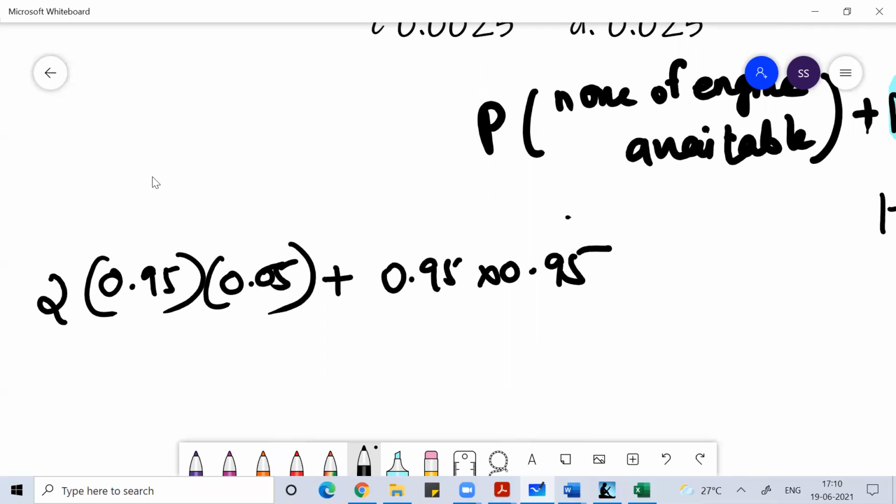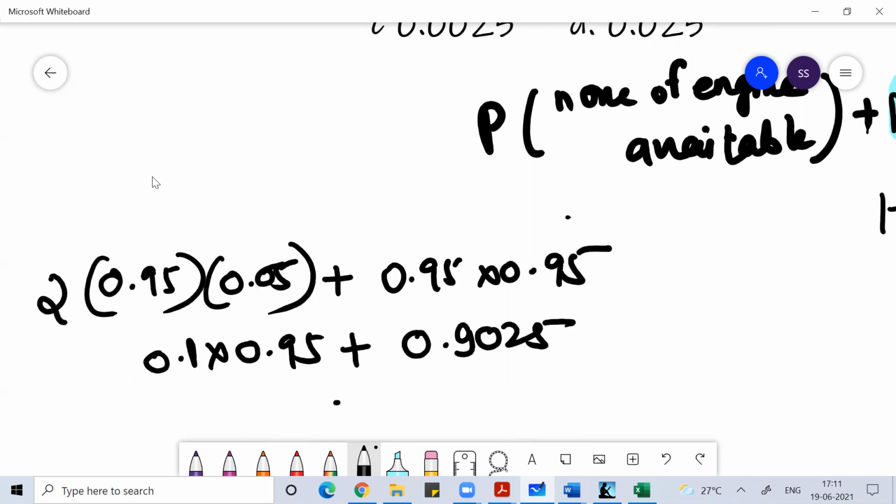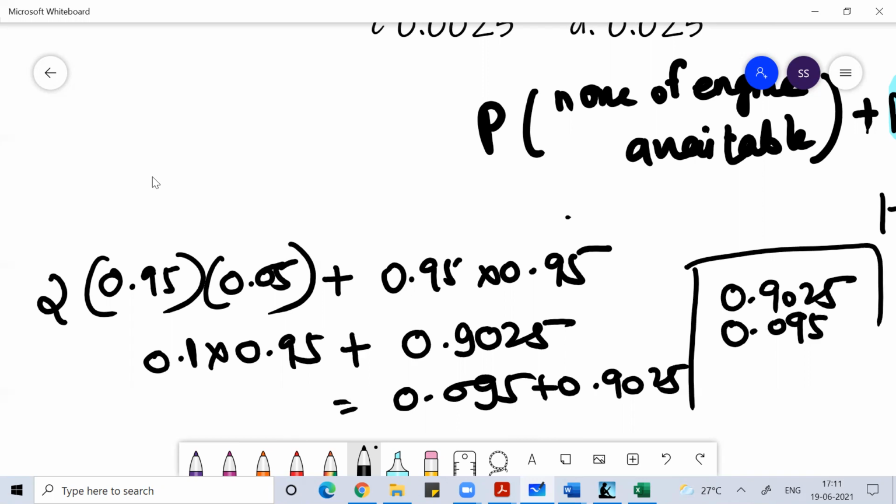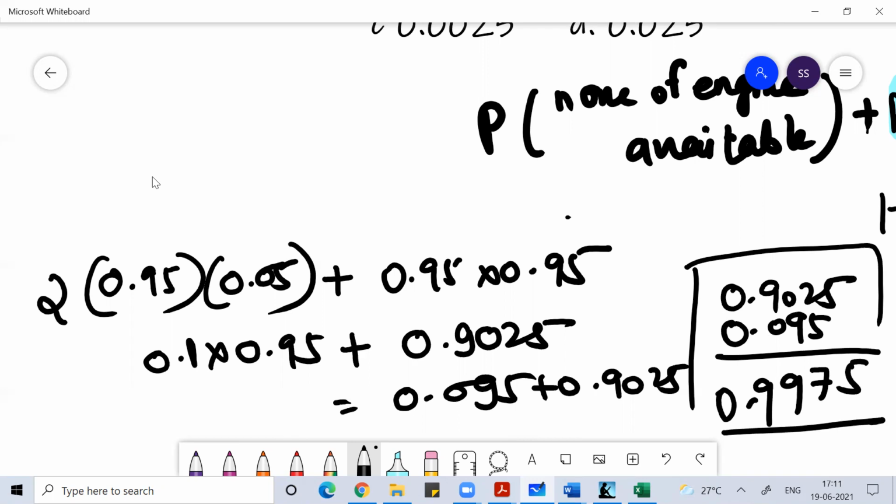So 0.05 into 2 is 0.1, 0.1 into 0.95 is 0.095, plus 95 squared, which is 0.9025. Adding 0.9025 plus 0.095 gives 0.9975. Clear everyone?